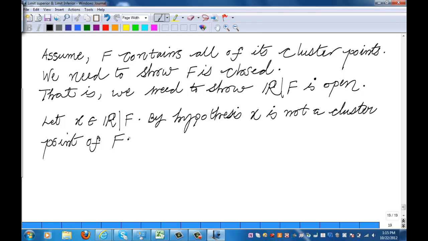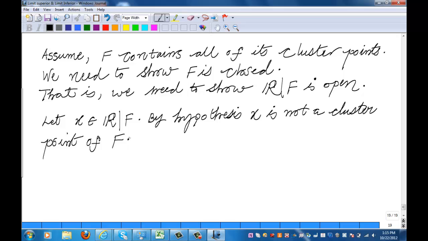Now, if X is not a cluster point of F, what is the meaning of that? Remember the definition of a cluster point. X is a cluster point means every deleted neighborhood of X contains something from F, right?